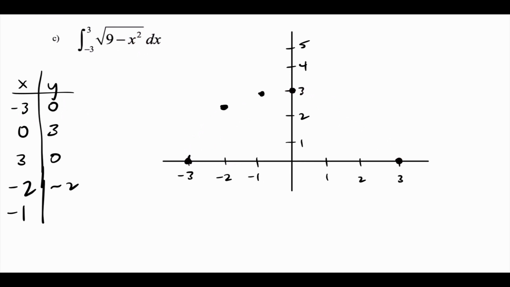So what happens is, it creates kind of a half circle. And when I plug in 1, I'm still going to get close to 3. When I plug in 2, I'm going to get just above 2, just like on the other side. So it's going to create what's called a semicircle, half circle.